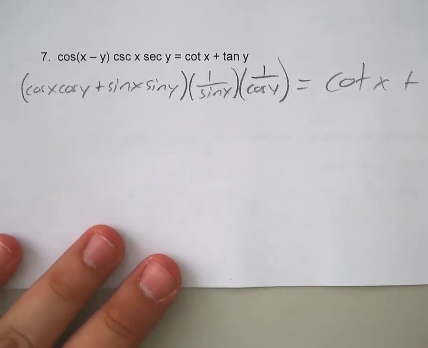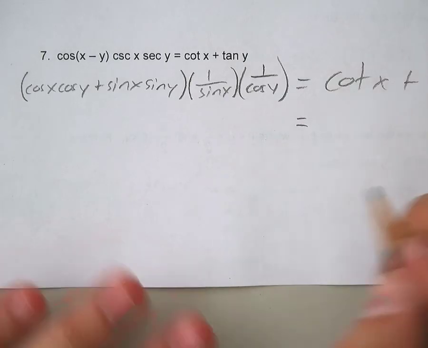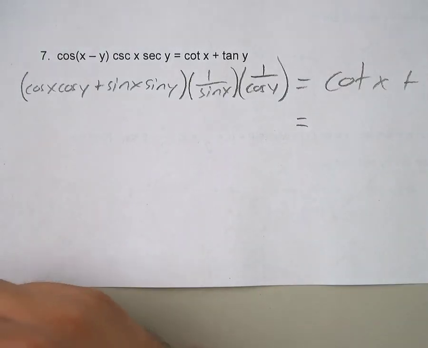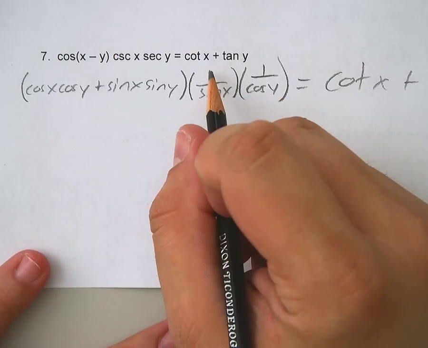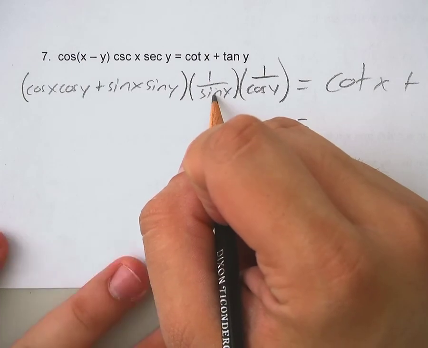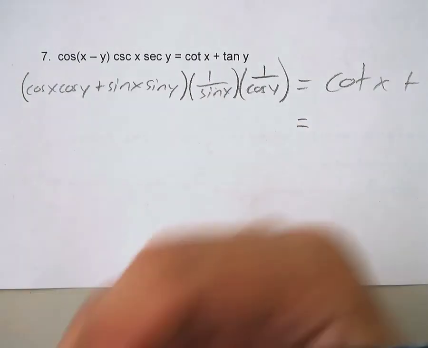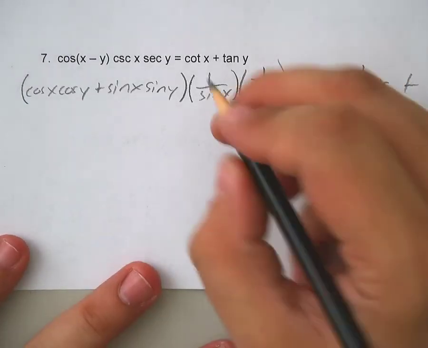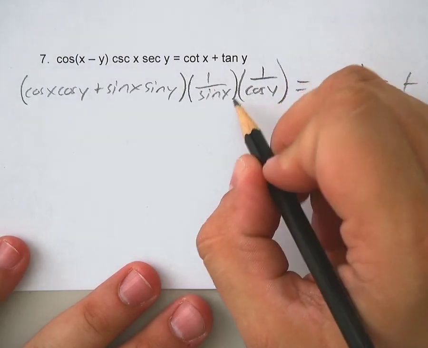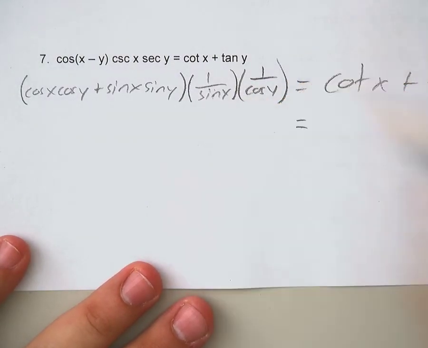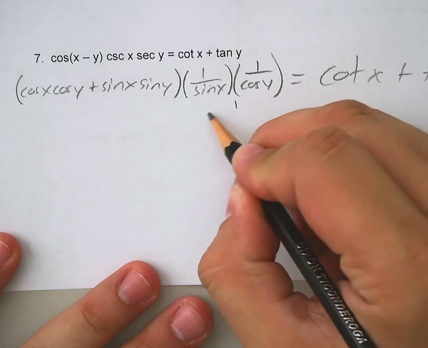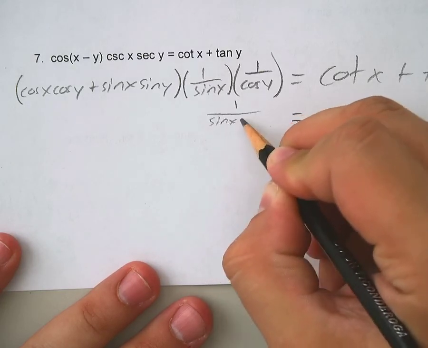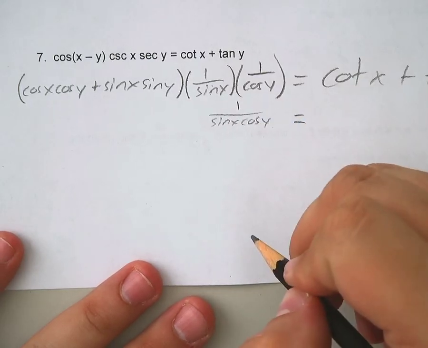Not changing anything on the side there. Well, multiply this through. You've got 1 over sine x multiplied through. You've got 1 over cosine y multiplied through. If we combine these together, that way it's just one step. This is 1 over sine x cosine y, right?